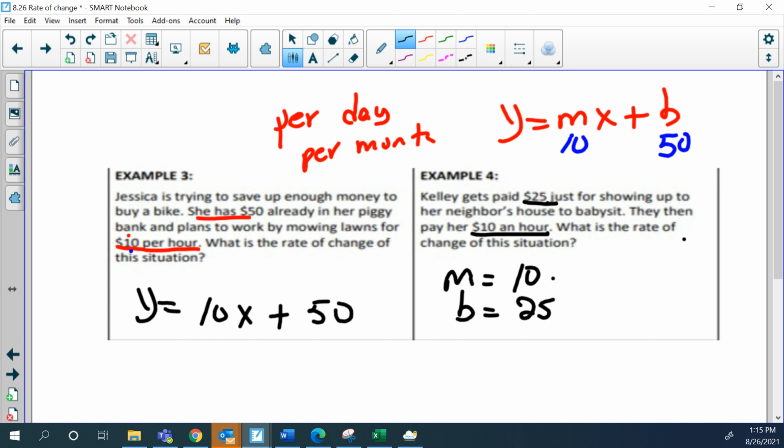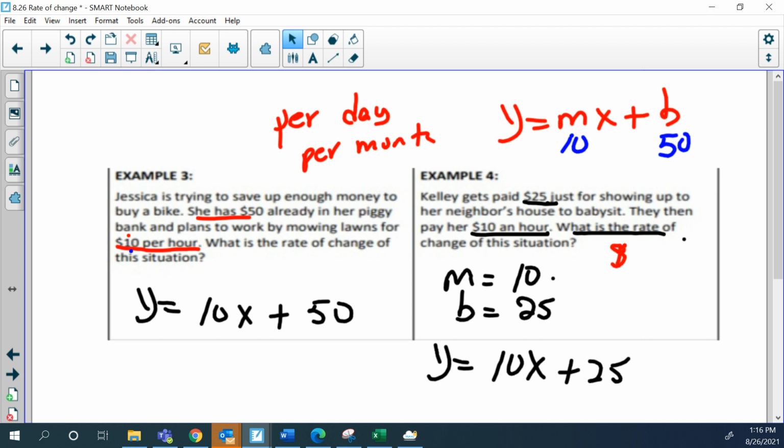So let's write the equation now. y is equal to, we know m is 10, so it's going to be 10x plus 25. And the question is, what is the rate of change? That is $10 per hour. That is the rate of change. But if they ask you what is the equation for the situation, it is y equals 10x plus 25.